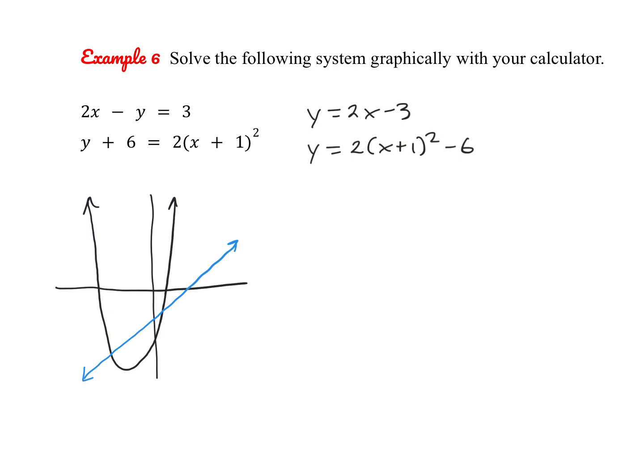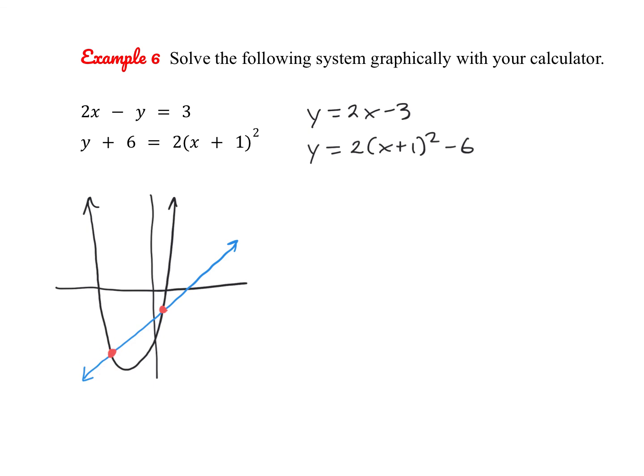So our goal now is to find these two points of intersection with your graphing calculator. Remember, if you hit second and then the trace button, it gives you some different options to calculate, and what you will calculate is the intersection.